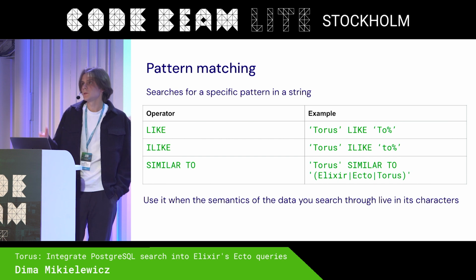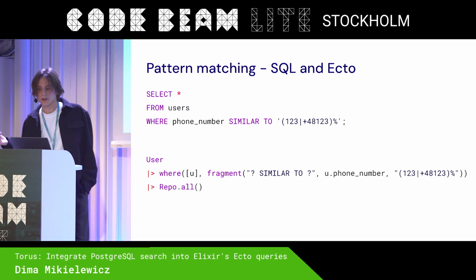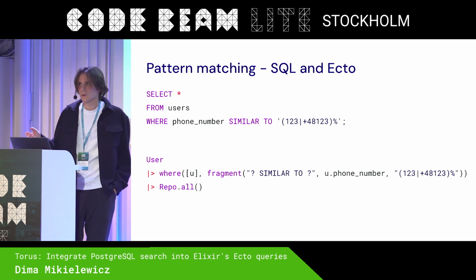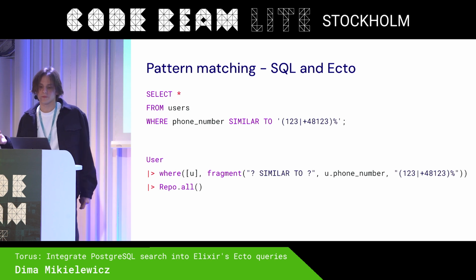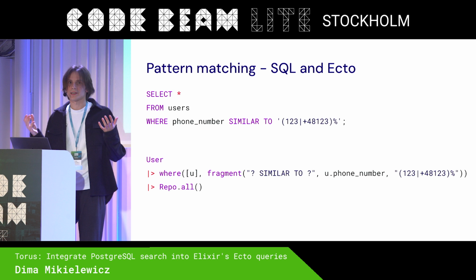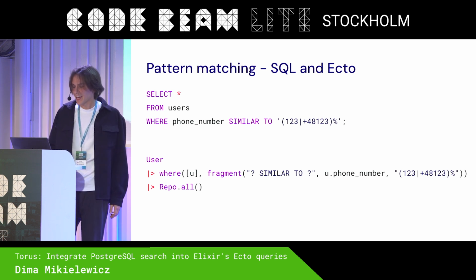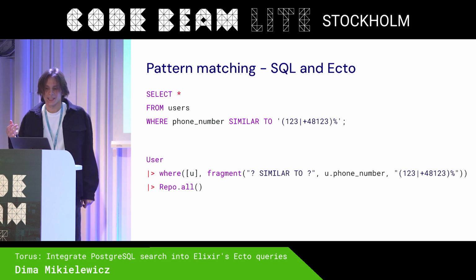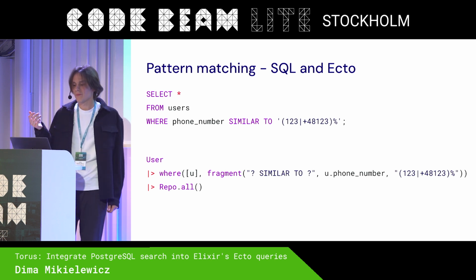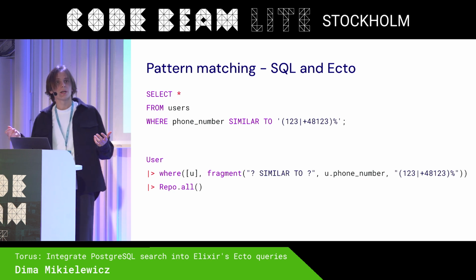For example, we would use pattern matching search to search for a phone number, or email, file name, or invoice number. So basically, the semantics of the data live in the characters of the data. You won't tolerate typos because, yeah, the semantics are in the characters. And in Ecto and SQL, writing pattern matching search is relatively easy because it's just one clause, right?